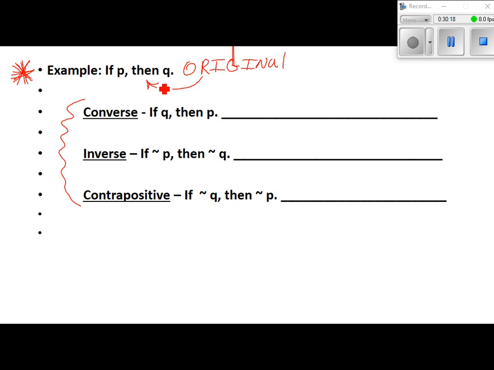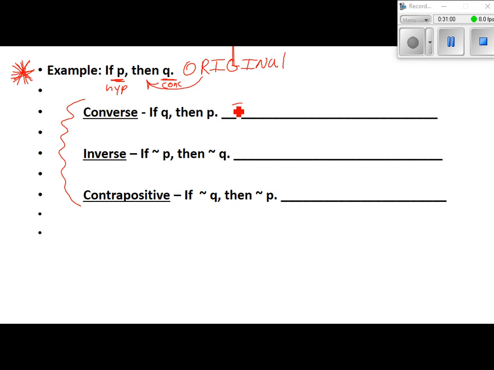What's the hypothesis in that original statement? P. What's the conclusion? Q. Nothing hard so far. The converse of a statement. What's the converse do to that statement? Looking at it, what did the converse do to it? It switched them, didn't it?